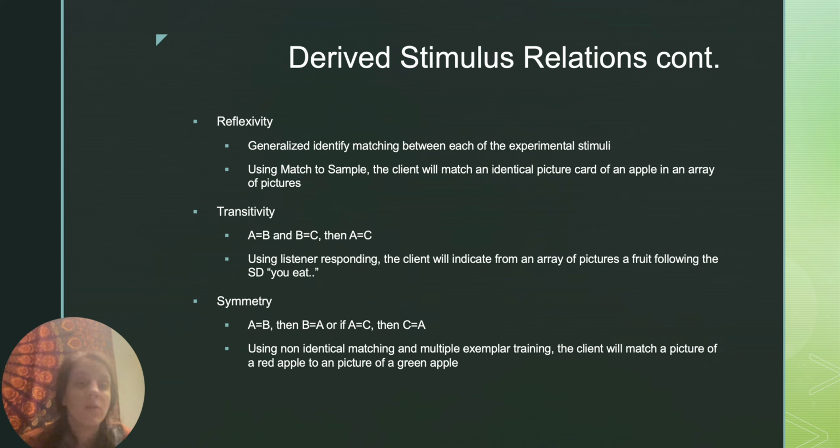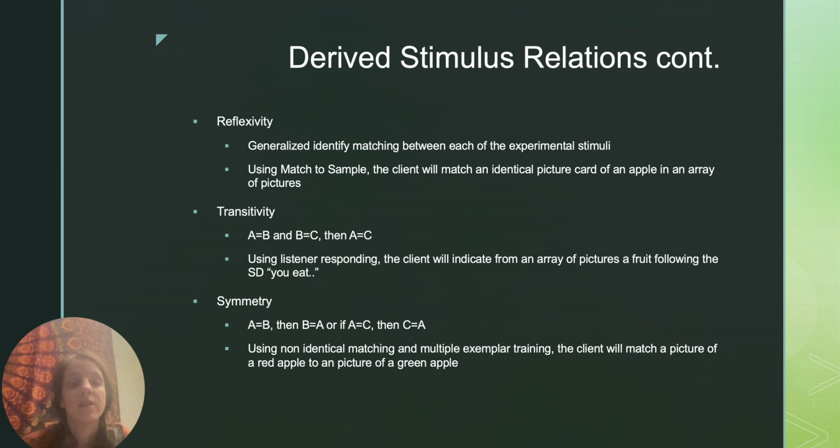So an example of this would be when we use match to sample. The client will match an identical picture or card of an apple in an array of pictures. So the therapist might have a picture of a red apple, and there's an array of pictures, maybe they're all fruit, and he has to match it to the apple picture.